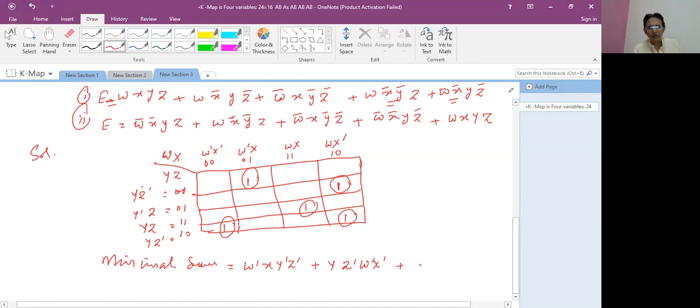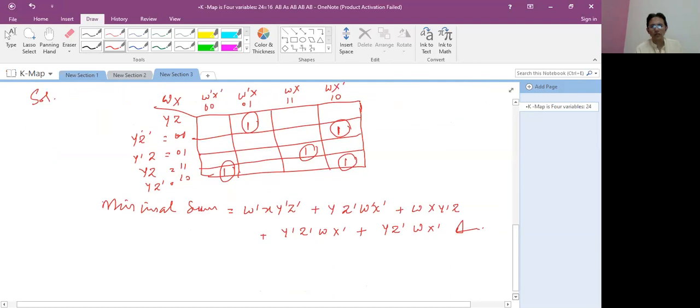So we write here WX Y complement Z plus, and this one is Y complemented Z complemented WX complement plus, and the last one is YZ complemented WX. So these are the minimal sum for the first Boolean expression.